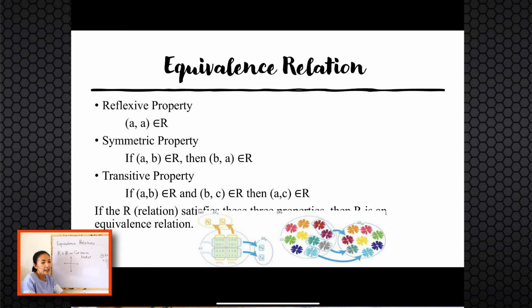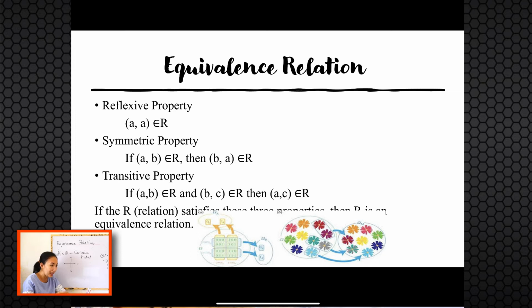The relation is reflexive. How about symmetry, or the symmetric property? If the ordered pair (a, b) is an element of R, and (b, a), swapping their places, is an element of R, then the relation is symmetric. In other words, if a is related to b and b is related to a, then the relation is symmetric. How about the transitive property, or transitivity?